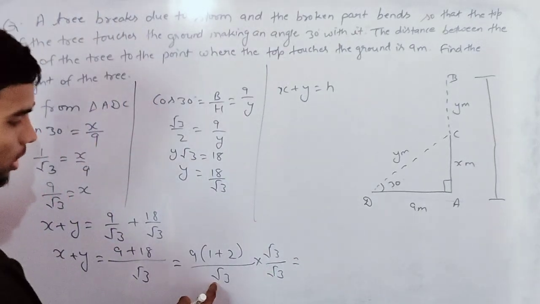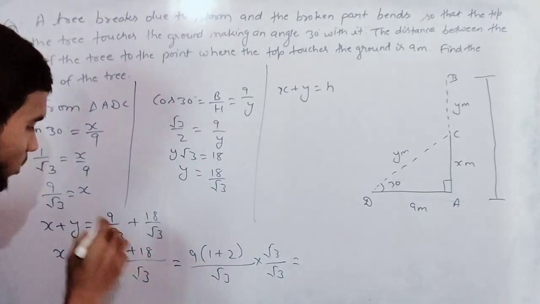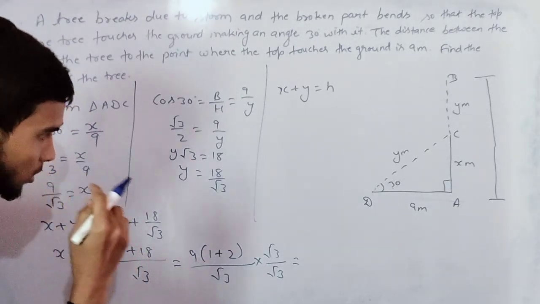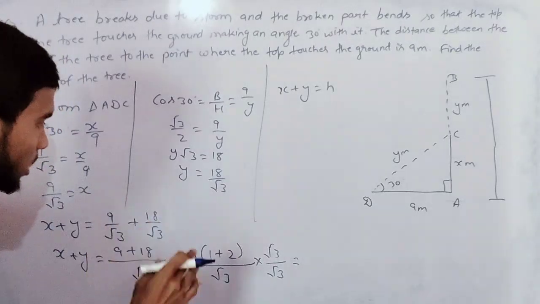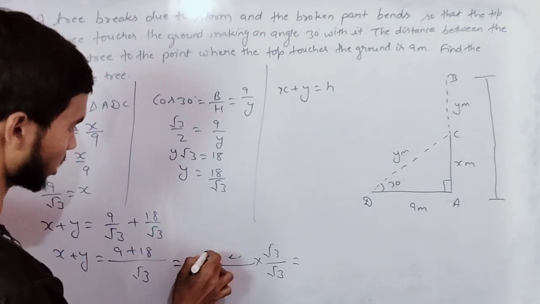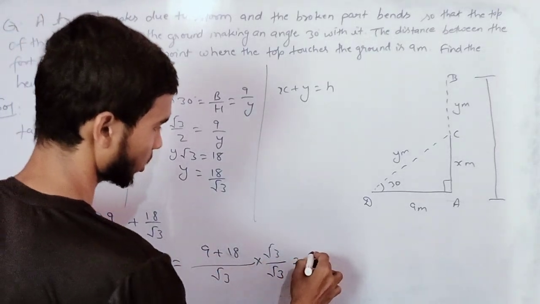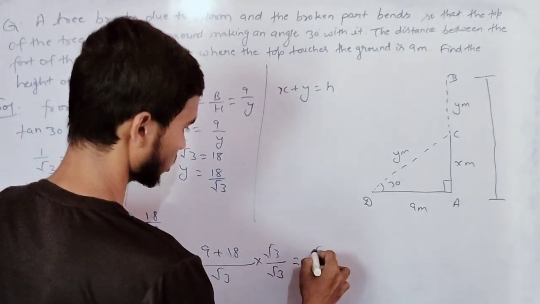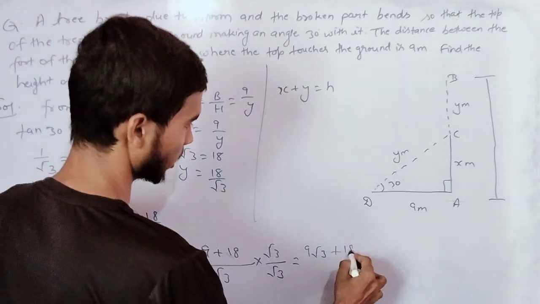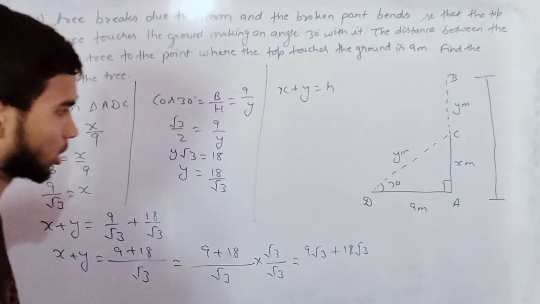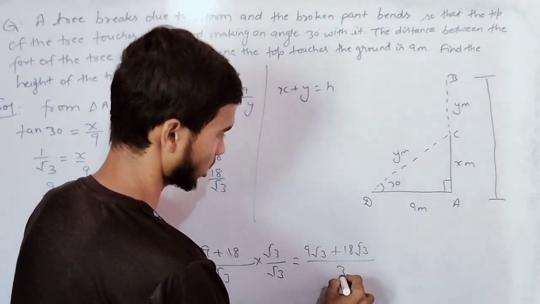So 9 root 3 upon 3 plus 18 root 3 upon 3.